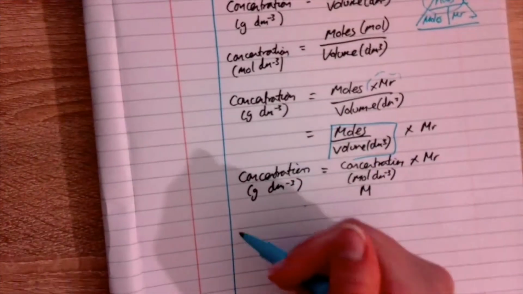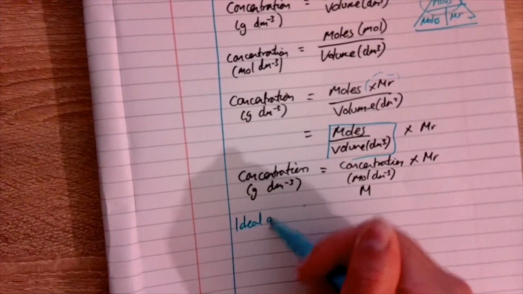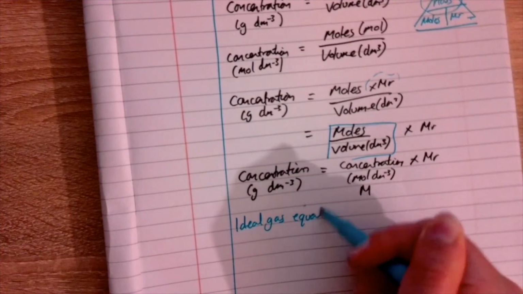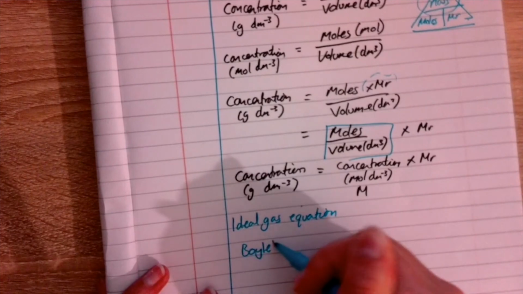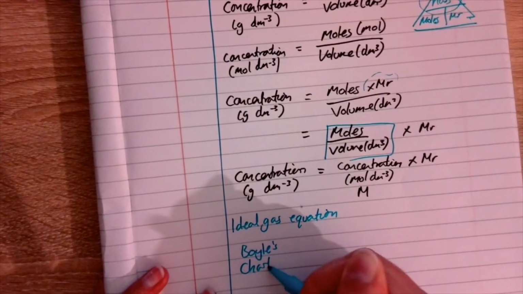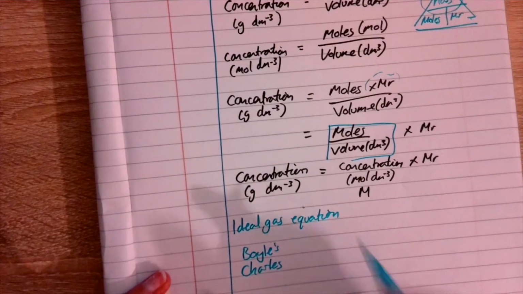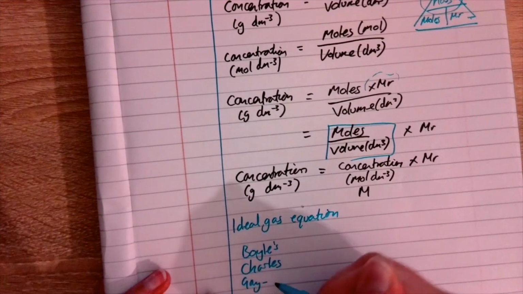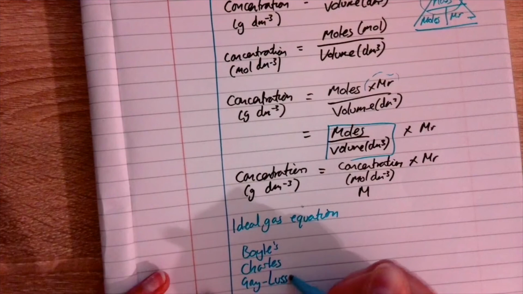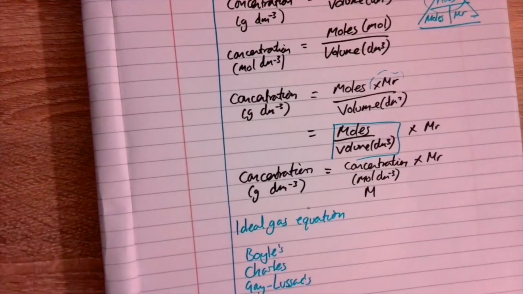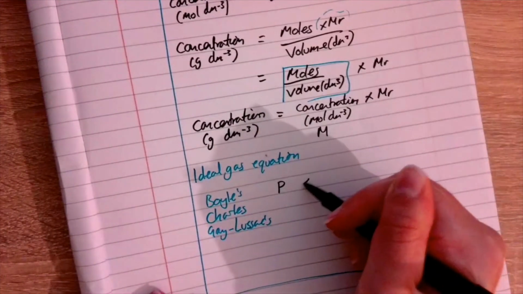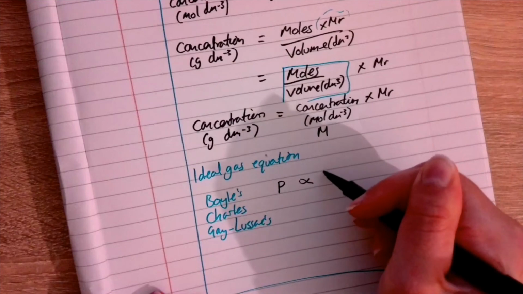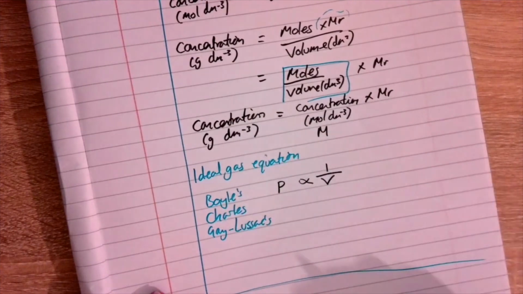I'd like us now to turn to our ideal gas equation. There's a few laws that came into play in order to derive this gas equation. Our first law found that our pressure was proportional to the inverse of our volume.